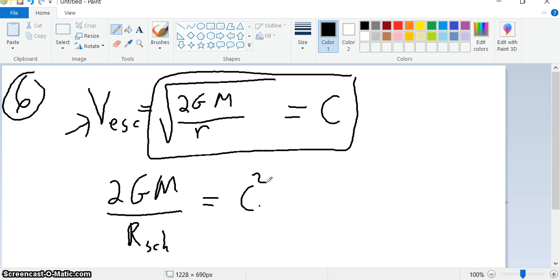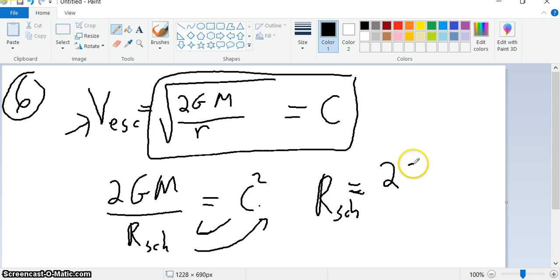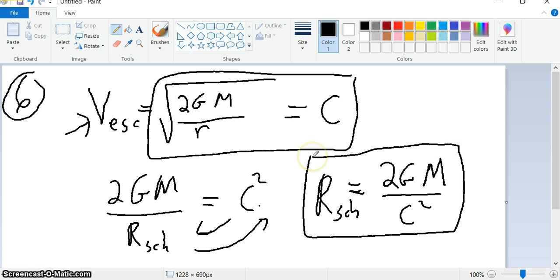Then it's just one more step where you bring r over to the left-hand side and the c squared over to the other side, and this is what r Schwarz, the Schwarzschild radius, looks like. It's equal to 2 times big G, again that's just a constant, times the mass of the object divided by the speed of light squared. So this equation right here is the one that we're interested in.